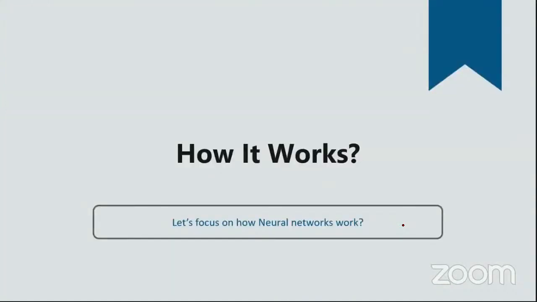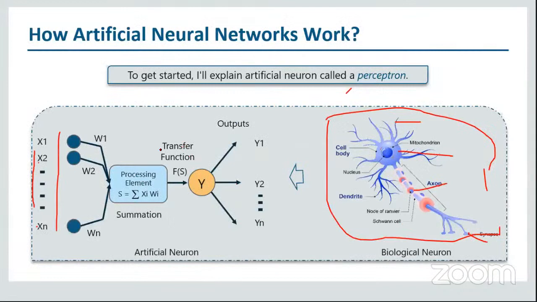That is what we do here in the transfer function, which means we fire the outputs y1, y2, y3, yn based on the number of inputs. So if you see your right side and your left side, we are trying to build what is in the human biological neuron.